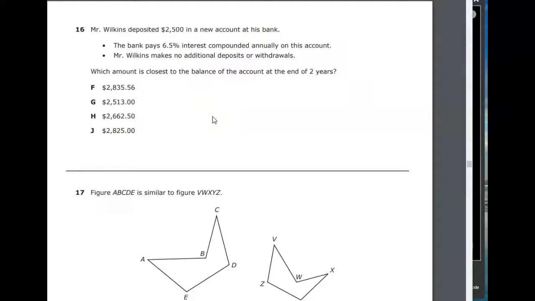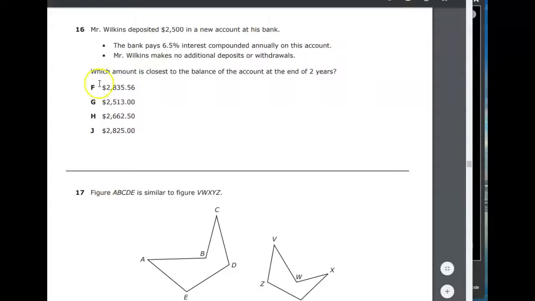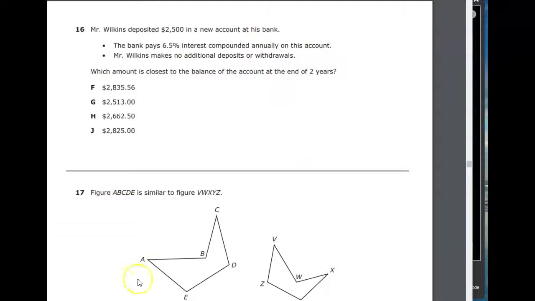Are you looking for the total money in the account at the end of 2 years? What are you looking for? The money you earned or your total money? Go read it again. What amount is closest to the balance of the account at the end of 2 years? What does that mean? The balance of the account at the end of 2 years. I think that's called total. Yeah, it does. Great question.